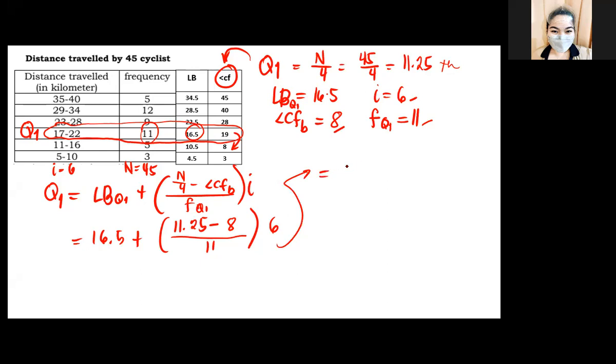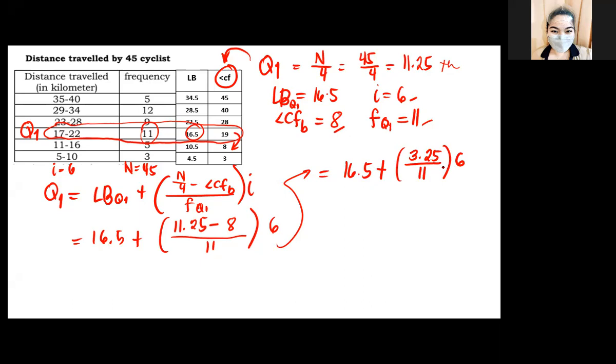So from there, 16.5 plus 11.25 minus 8, it will give us 3.25. Divide natin siya sa 11 tapos multiply sa 6.